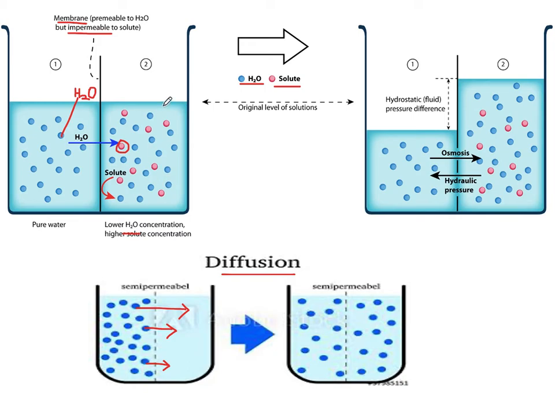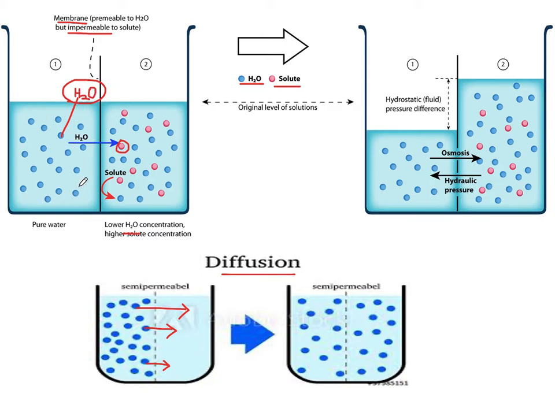Okay, so what was the rule? Movement from higher concentration to lower concentration, right? Here also we see higher concentration to lower, but this time which concentration are we talking about? We are talking about the concentration of H2O, not the solute. Earlier we were talking about solute, but not in osmosis.